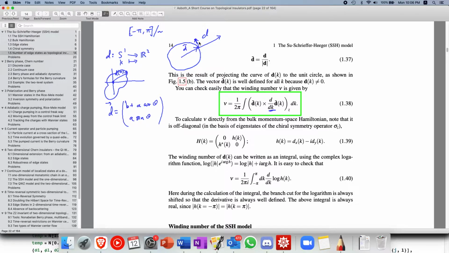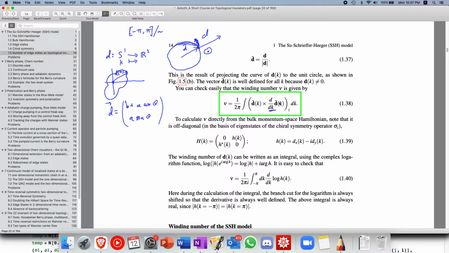And then you see that if you cross this d vector with its derivative, it gives you a vector that is pointing out, right? And if you do the integral, then essentially it tells you how many times this winds around, because if this d vector goes anti-clockwise and then it goes clockwise, then this derivative would change direction and it will cancel out with the previous loop.